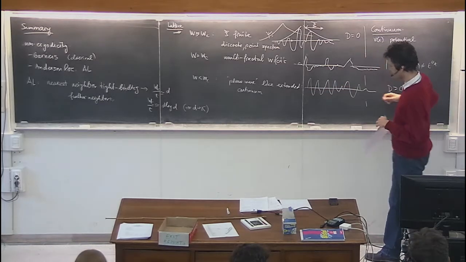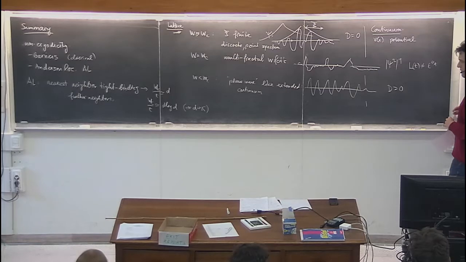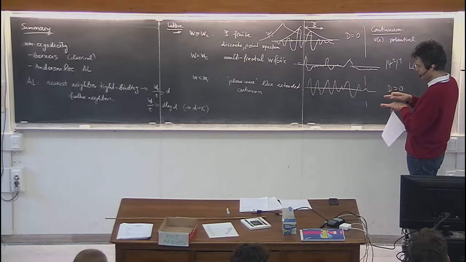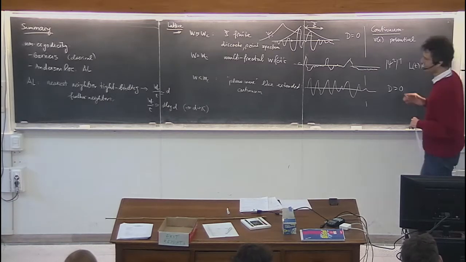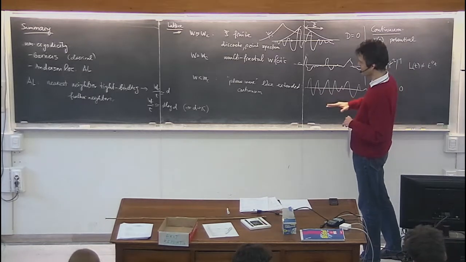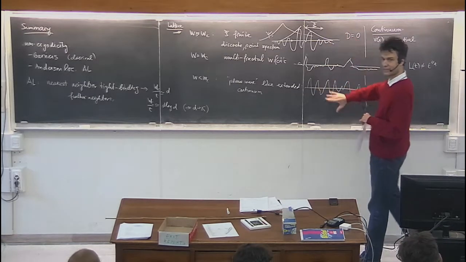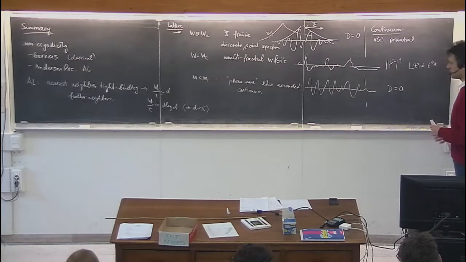Whereas if you have extended wave functions, there is always level repulsion. So two eigenvalues don't want to approach, because there's a large probability that you have hybridization, and then the eigenvalues repel each other. And so if you just look at the spectrum, you can usually also detect whether you're in this case or in that case. Just as an aside.